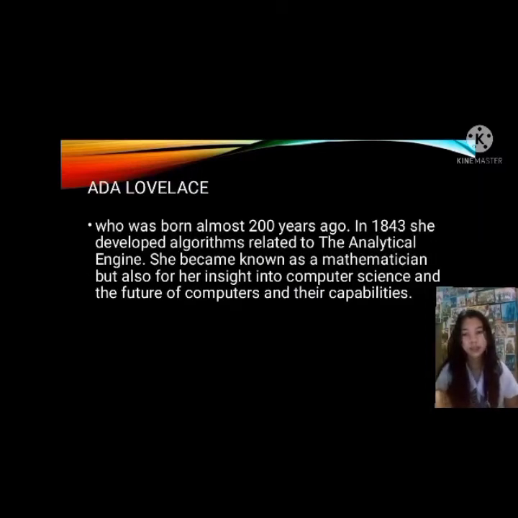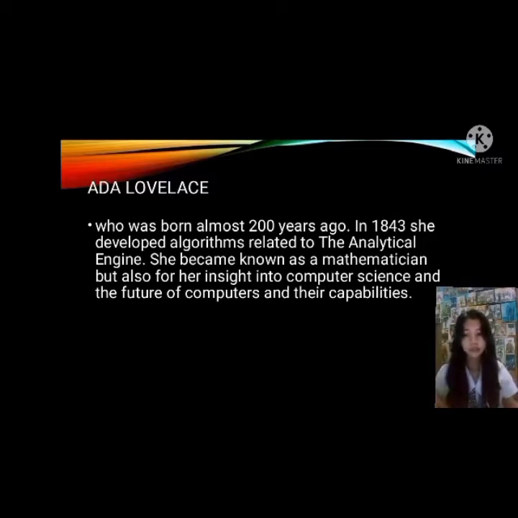So next, Ada Lovelace. So Ada Lovelace, who was born almost 200 years ago in 1843, developed algorithms related to the analytical engine. She became known as a mathematician but also for her insight into computer science and the future of computers and their capabilities.